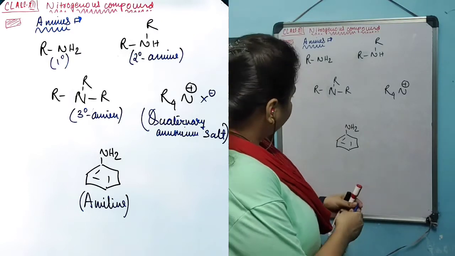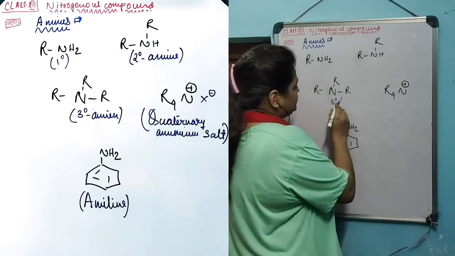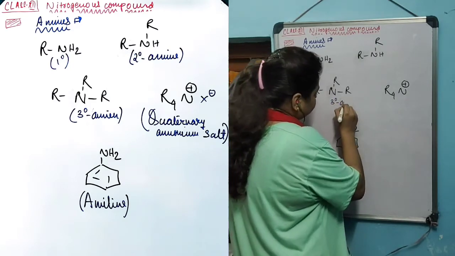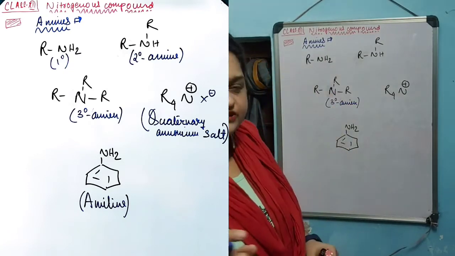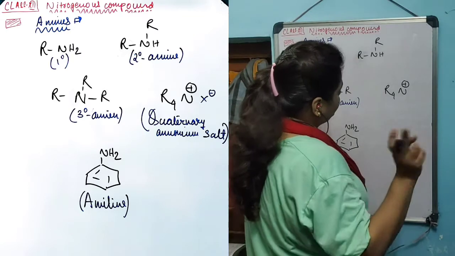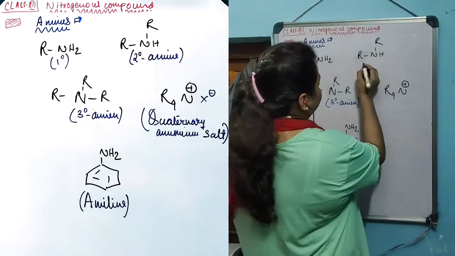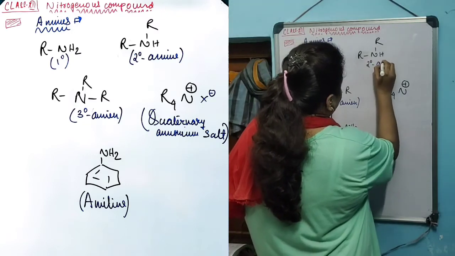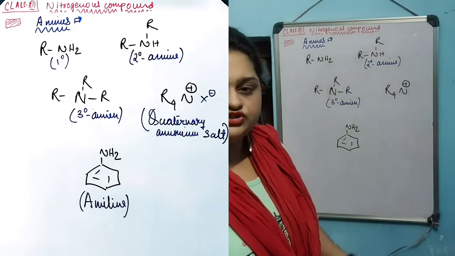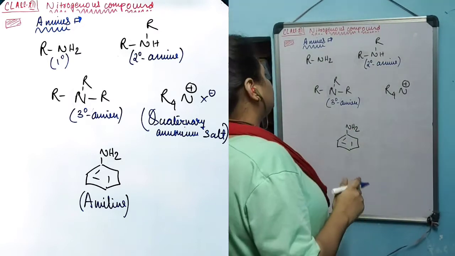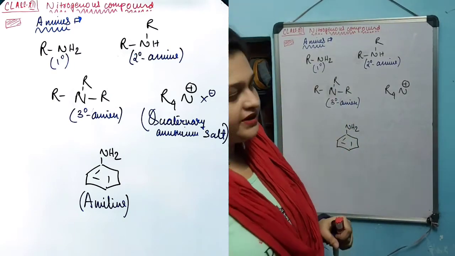This one, in which no hydrogen is present on the nitrogen, is known as 3-degree amine, where all the hydrogens have been substituted with an alkyl. This one, where one hydrogen is present and two hydrogens have been substituted with alkyl groups, is known as 2-degree amine. And the first one, in which two hydrogens are present, is known as 1-degree or primary amine.